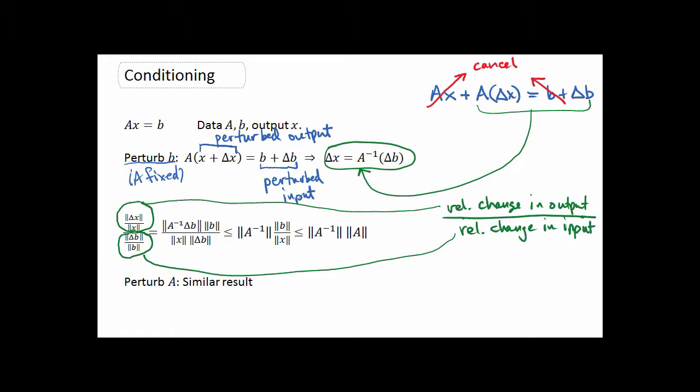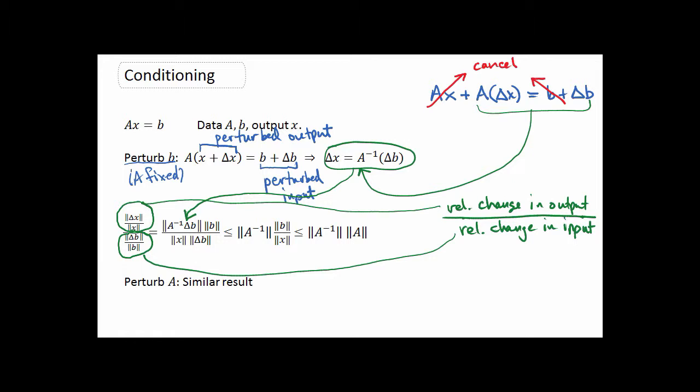Okay, so the next step, we substitute in for delta X from here, and we just put things into a simpler fraction. All other three terms are the same as before.